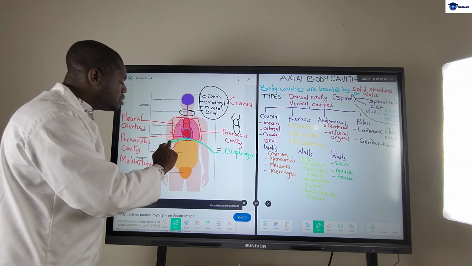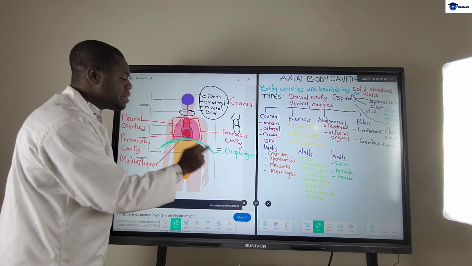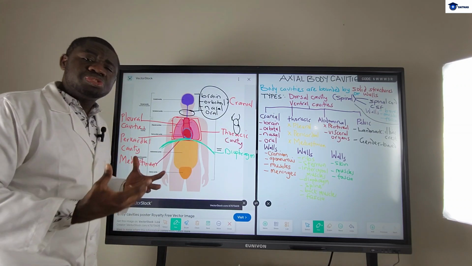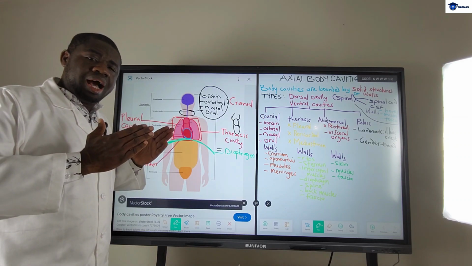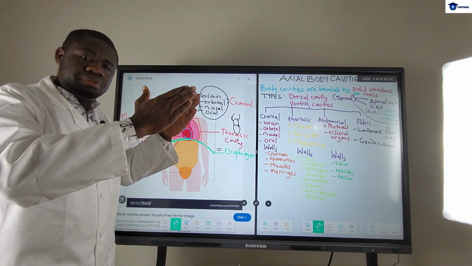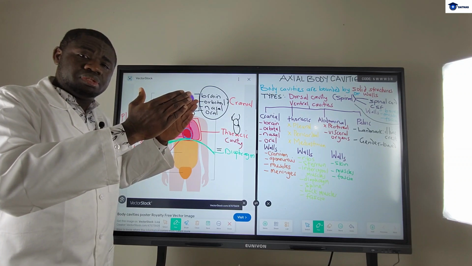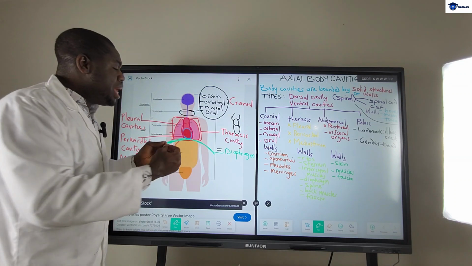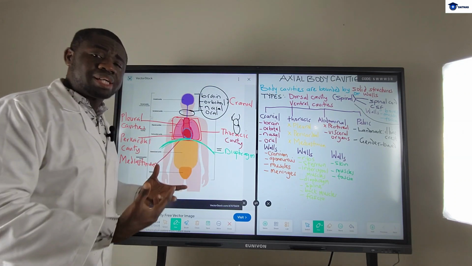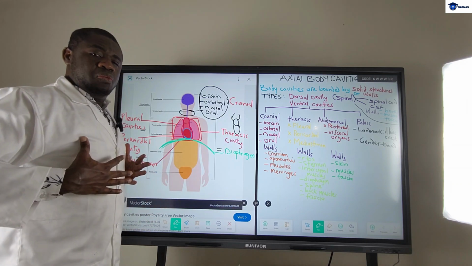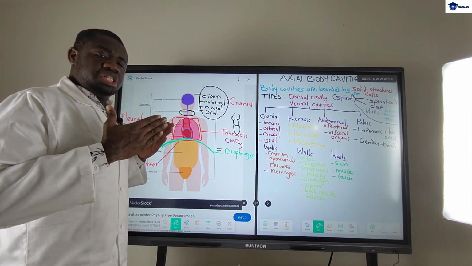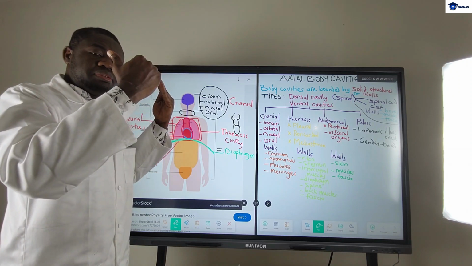The contraction of the diaphragm allows the chest to move upward and outward during breathing. Look at me. When the diaphragm contracts, the chest moves outward and upward.